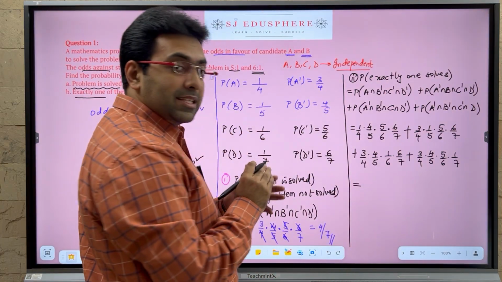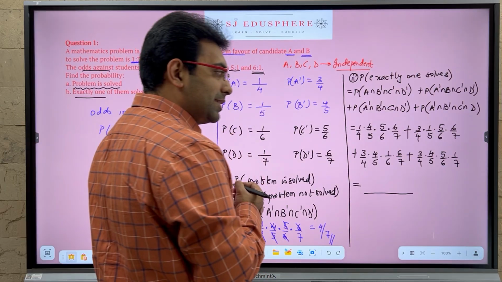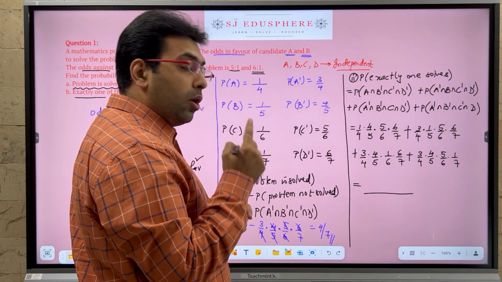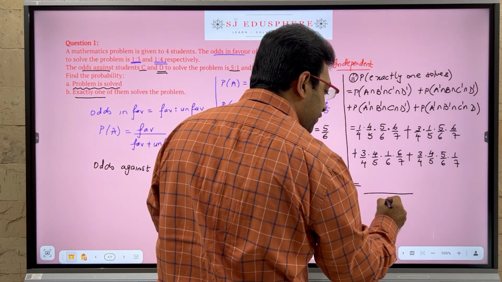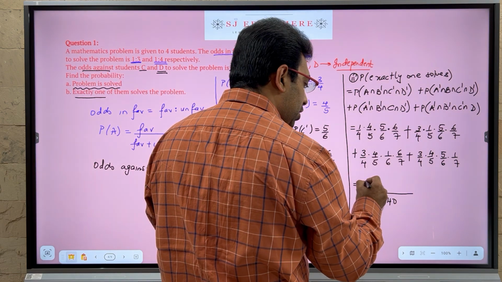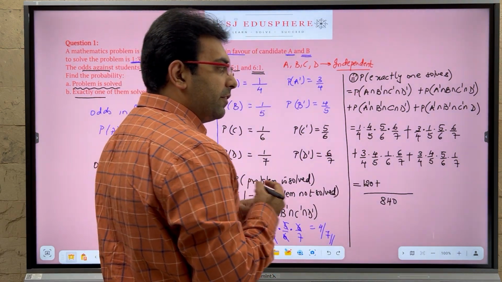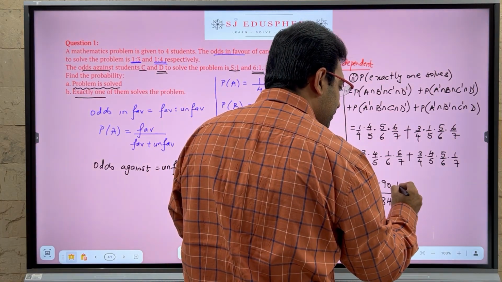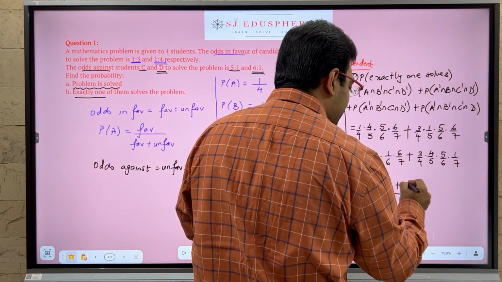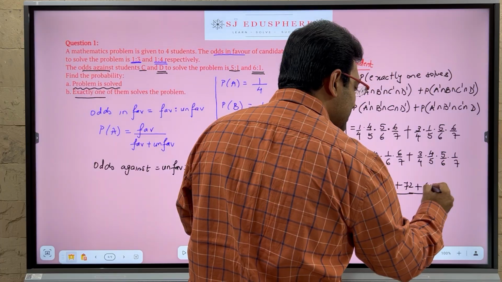So we don't cancel the numbers here for ease of calculation. I keep my denominator same. 4 into 5, 20. 20 into 6, 120. 120 into 7 is 840. And hence I have over here 4 into 5, 20. 20 into 6, 120. 3 into 5, 15. Into 6 is 90. 3 into 4, 12. 12 into 6 is 72. 3 into 4, 12. 12 into 5 is 60.